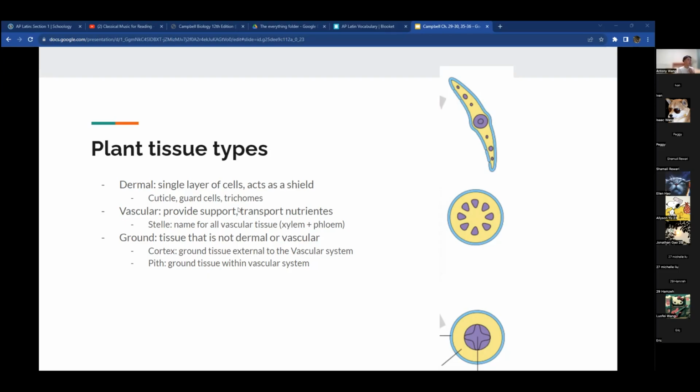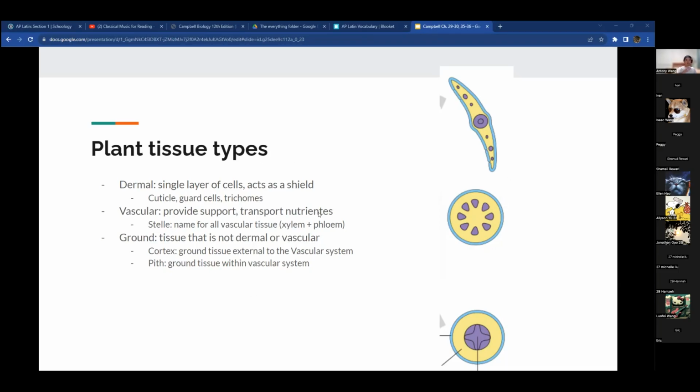The second type of tissue is vascular tissue. Vascular tissue provides support and transports nutrients. The xylem and phloem, the two types of vascular tissue in an angiosperm, will provide support for the stem. We'll see that in a bit.